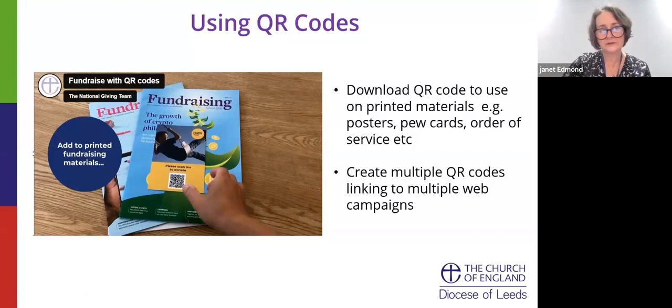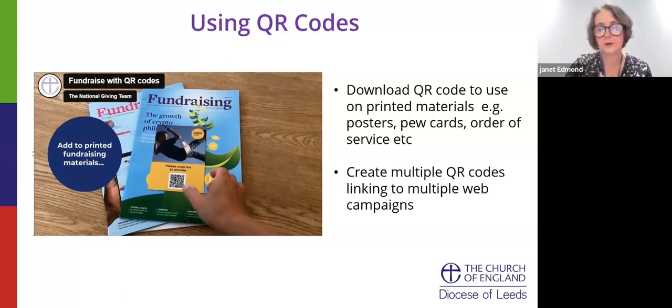Now, with Give a Little, you can create multiple web campaigns. You could have a general giving campaign, and you would have a QR code for that one. You could also at the same time create a roof fundraising campaign where you're trying to raise money to repair the roof, and you'd have a separate QR code for that one as well.